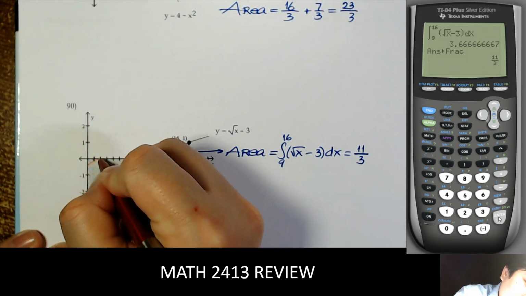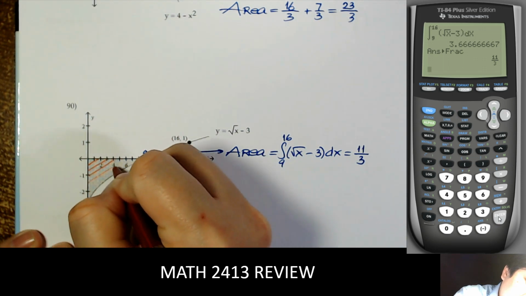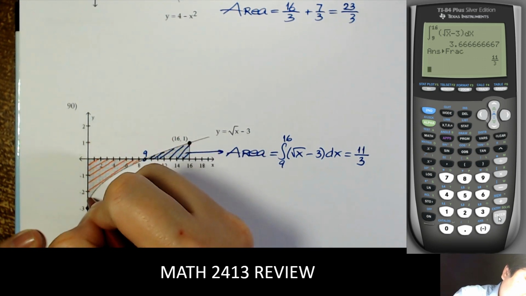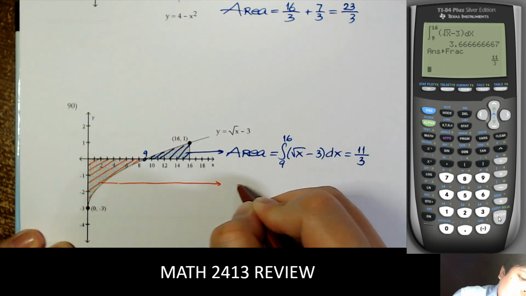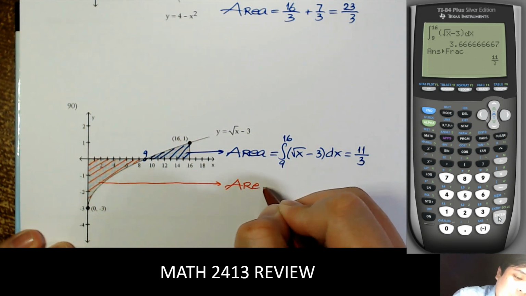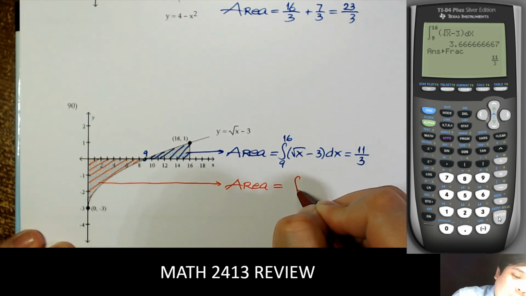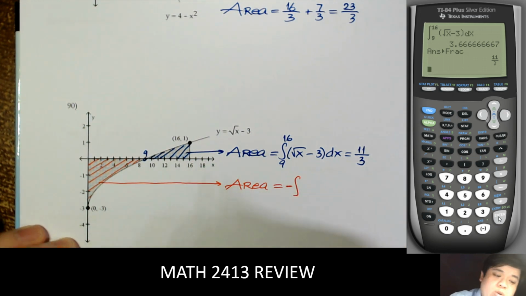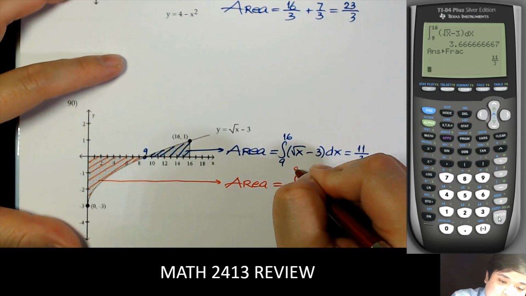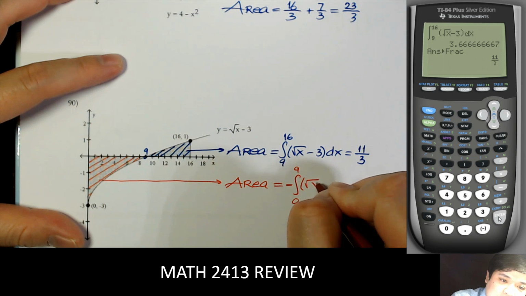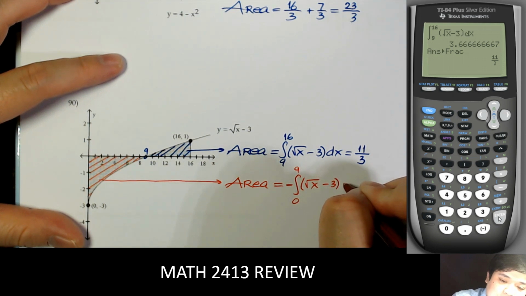Now the area that is below. If the area is below, the area and the integral have opposite sign. So if we want them to be equal, we have to throw in an extra negative sign. So to 9 square root of x minus 3.